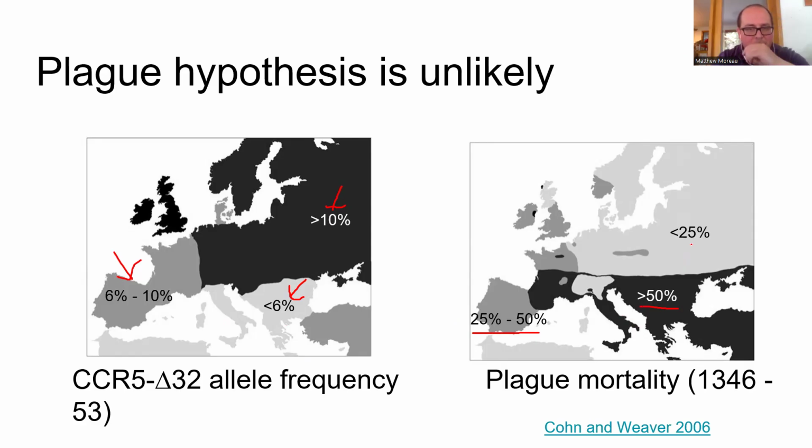However, we know that this seems to have an association, right? So mortality is higher in places where the allele frequency is less.